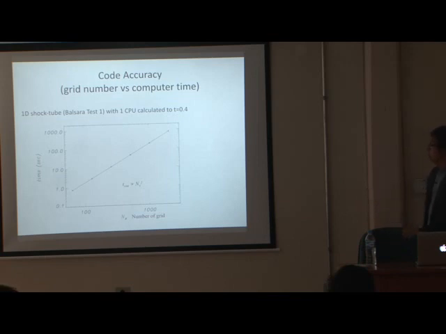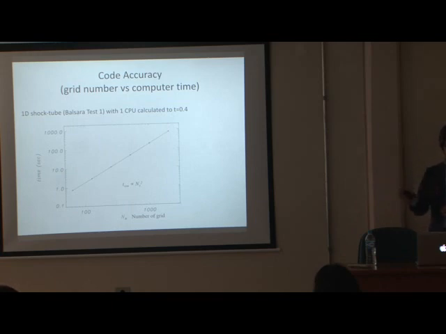But this is general, because delta t is the simulation time scale. This is nx squared, because this is a one-dimensional calculation. If you increase the number of grid cells for the same boundary position, delta x becomes smaller.